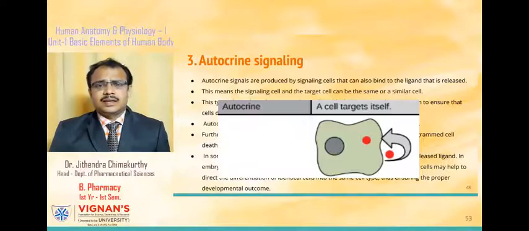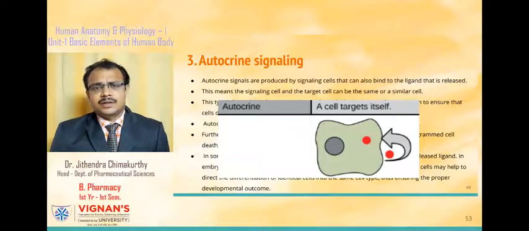Autocrine signaling occurs mostly during the early stages of development of an organism, where these cells will direct the adjacent cells to develop into their own type and perform their own function.